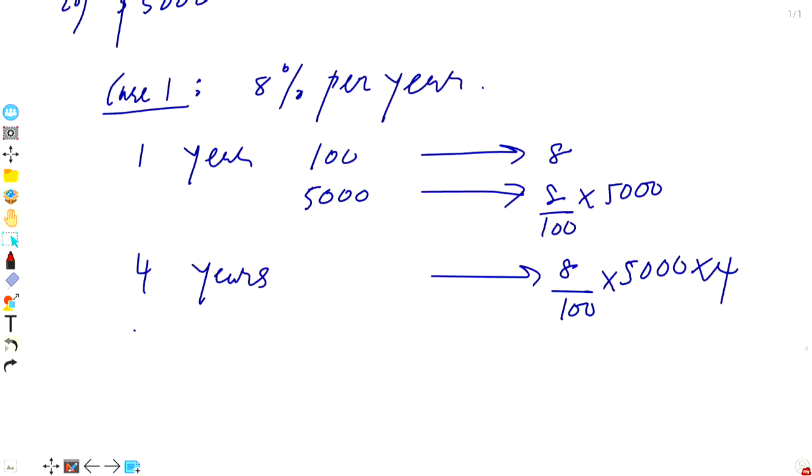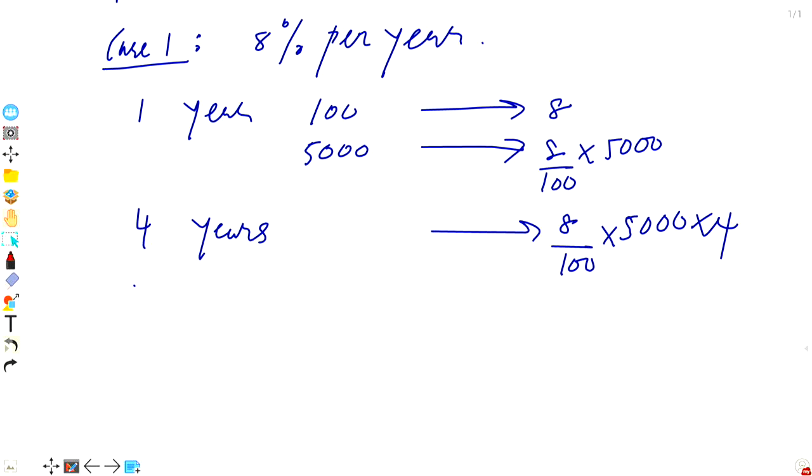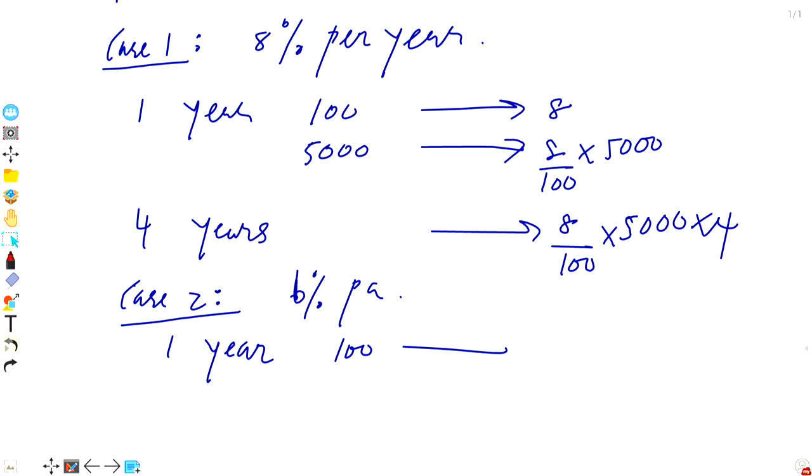The other one is 6%, 3 years, so case 2. In case 2, you have 6% per annum, so it will tell you 1 year. So it's going to be 100, it's going to be 6.